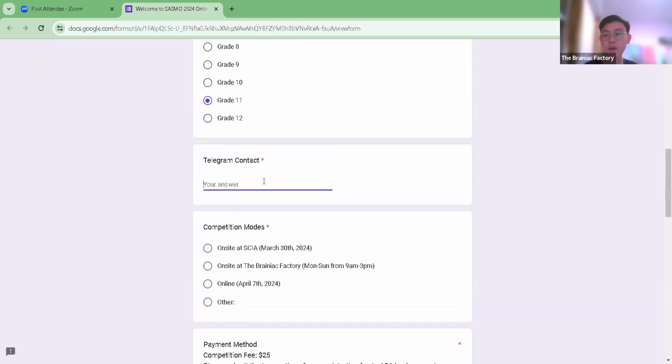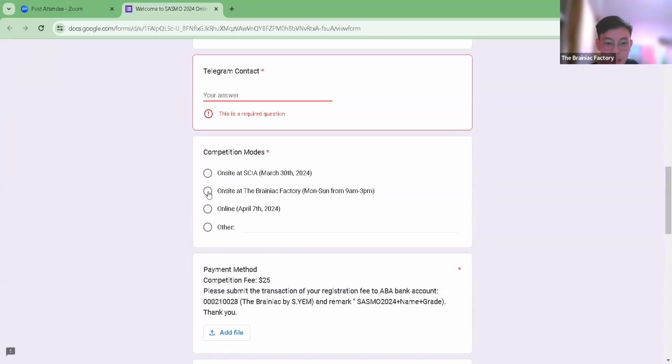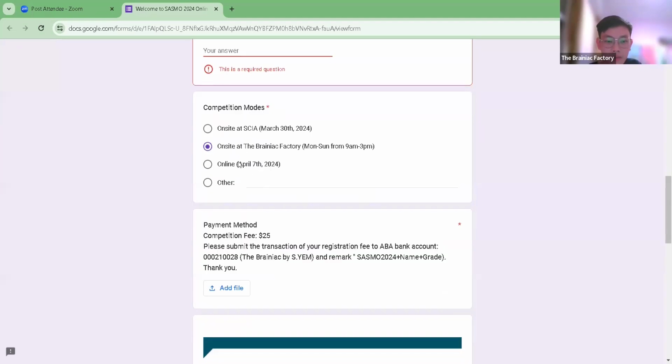And here's the Telegram contact. It can be your parents' or your own Telegram contact, but I don't think you have one because you are just primary students. Some of you haven't owned a phone yet. So we have three choices: on-site at SCIA on March 13, one on-site at the Brainiac Factory, and then the online session on April 7.